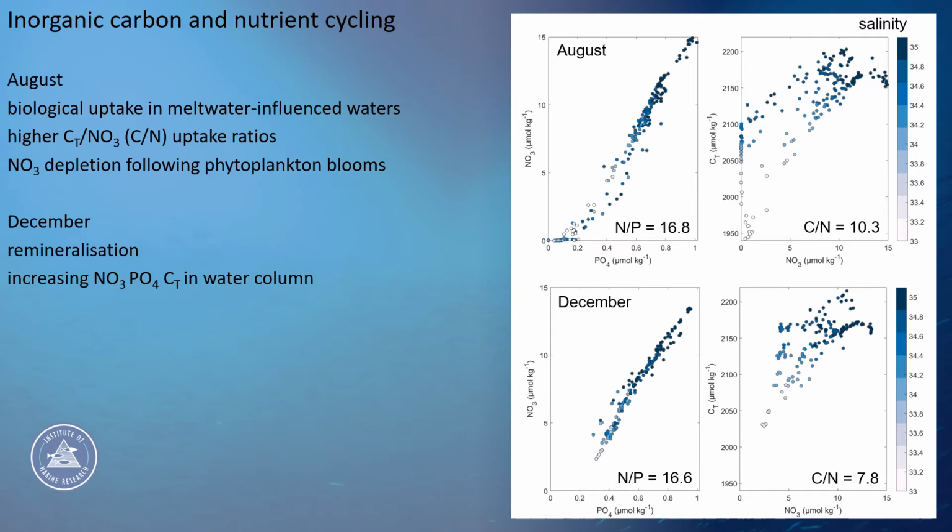Higher carbon to nitrate uptake ratios were the result of strong nitrate drawdown reaching depletion levels following the growing season phytoplankton blooms. In December, remineralisation increased the concentrations of the macronutrients and the inorganic carbon in the water column.